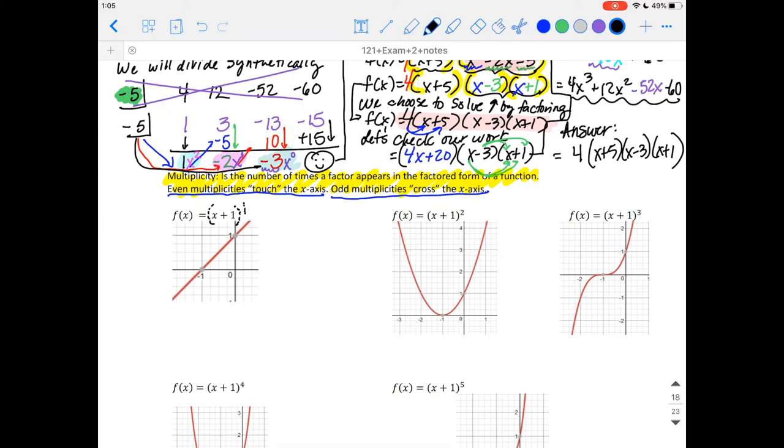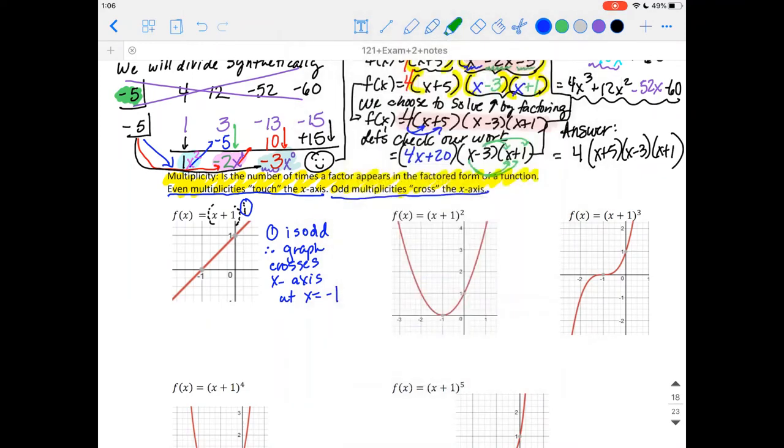So for our x-intercept, this one right here, since our 1 is odd, therefore the graph crosses the x-axis at x equal to -1.